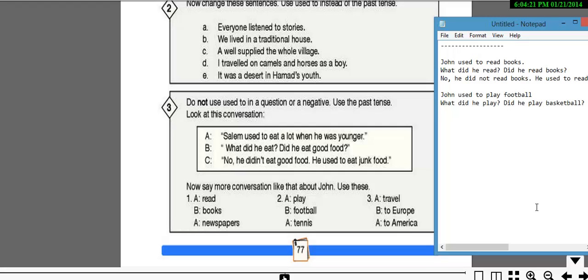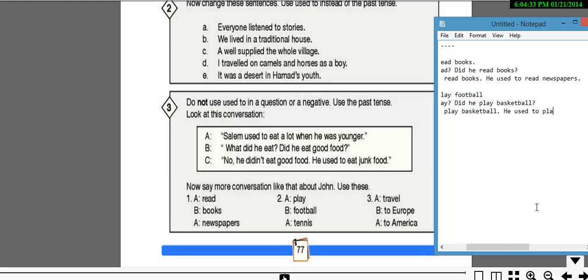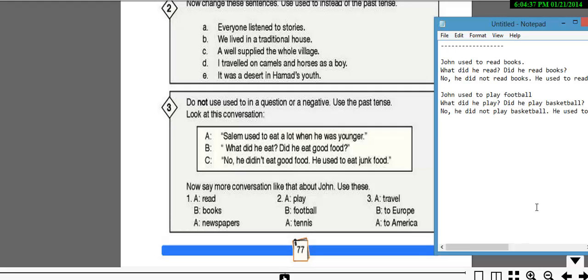And then you can say no, he did not play basketball. He used to play tennis, and I feel like a computer speaking now, because I have to talk and type at the same time.